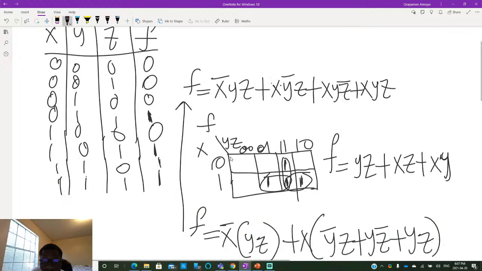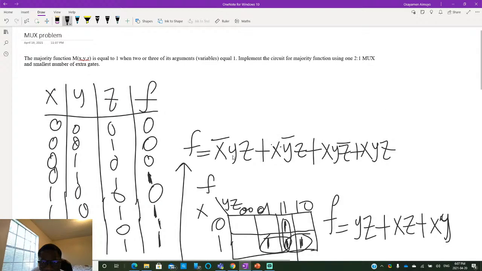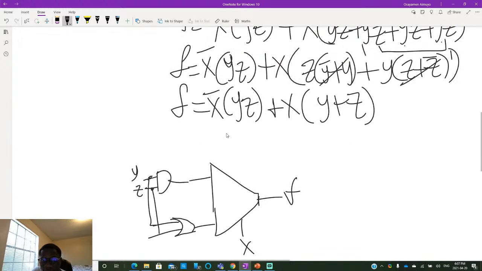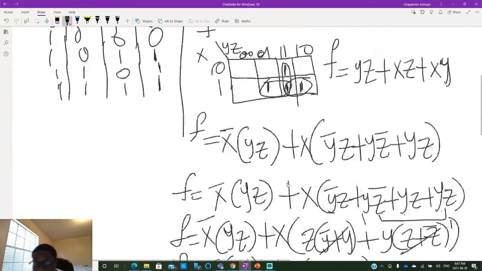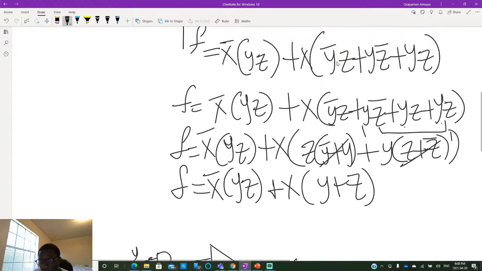So if we come back to our function here, since we picked x, if we set x to 0, we see that this becomes a 1, so you have y, z, and then this is just 0, 0, 0. So basically everything goes away, and then we have this first term. And then if we set x to 1, this goes to 0, and then you have just y bar z, yz bar, and yz, which is what we add here.